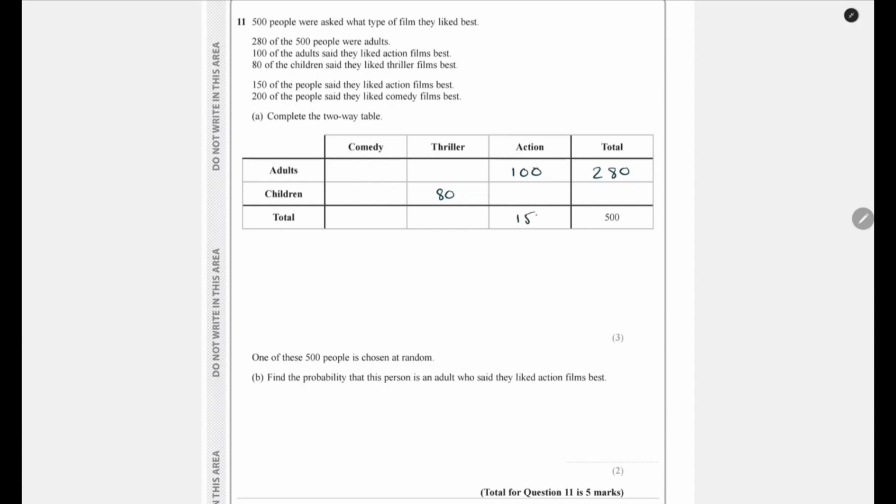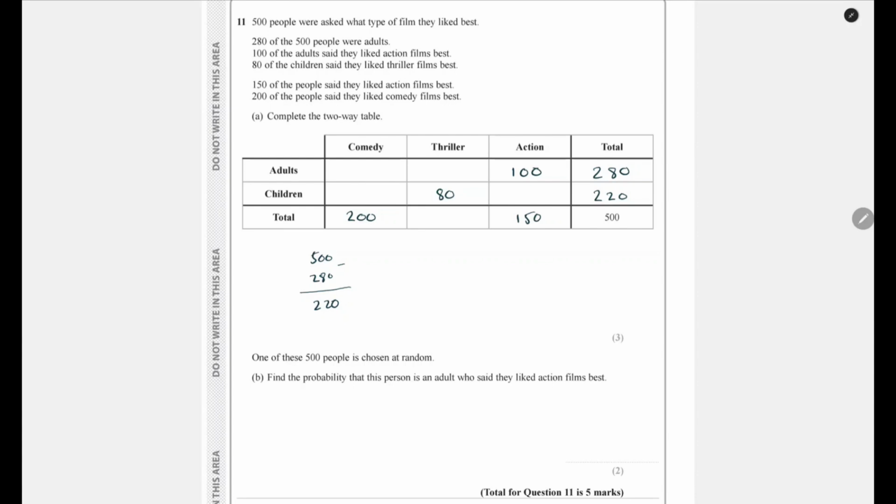So that's 150 total for action. And then 200 of the people said they liked comedy films best. So 200 here. So we can work out the total number of children by doing 500 minus 280, and that gives us 220. So we have 220 children.